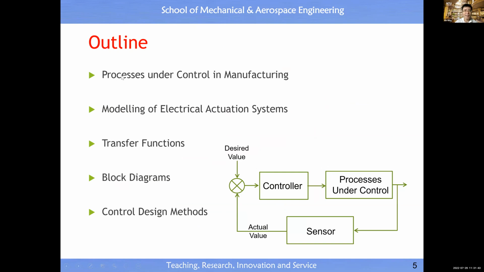We quickly summarize the process under control. Then we pick up motion from actuator as an example, then go through the way how to design the controller. So within 1 hour, you will be exposed to more or less the entire theory in controller. Okay, so we move on.